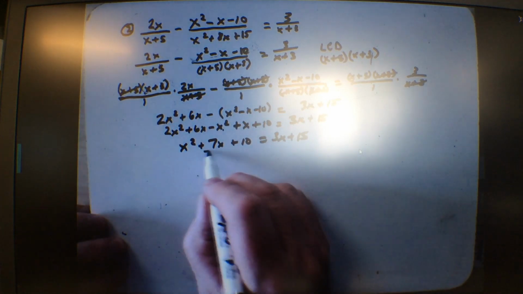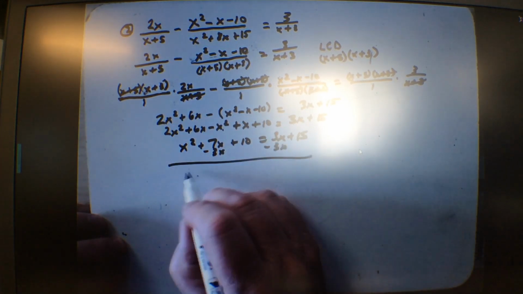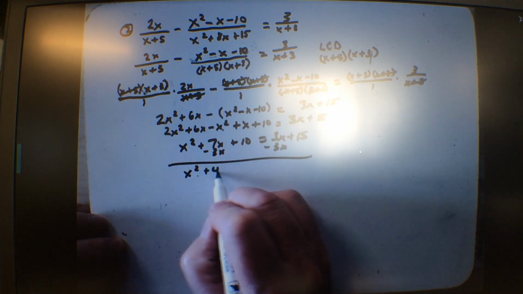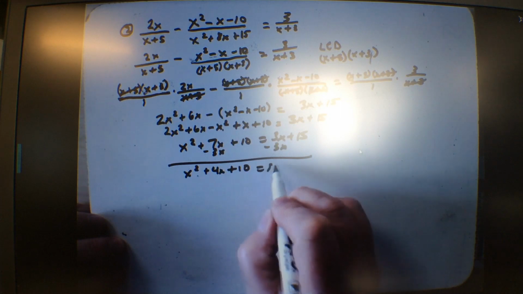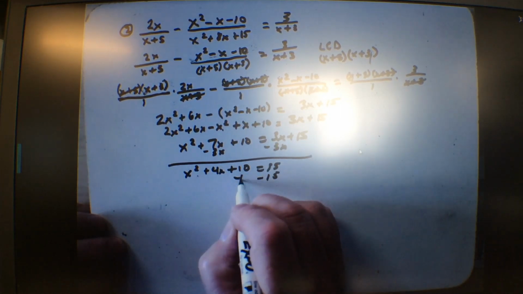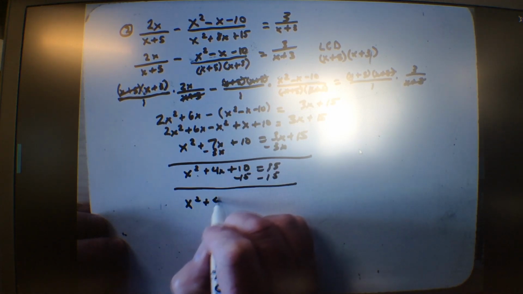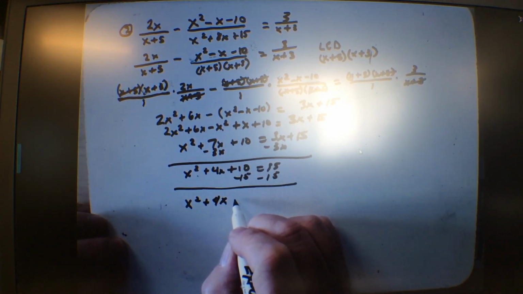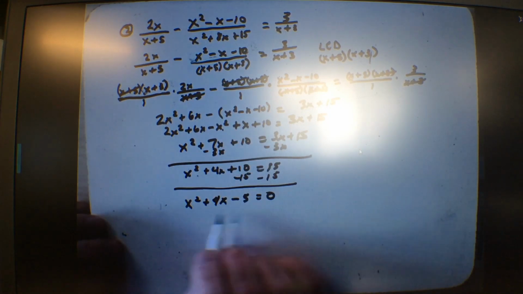So I'm going to subtract 3x from both sides. So now I have x squared plus 4x plus 10 equals 15, and I'm going to subtract 15 from both sides. So I end up getting x squared plus 4x minus 5 equals 0.